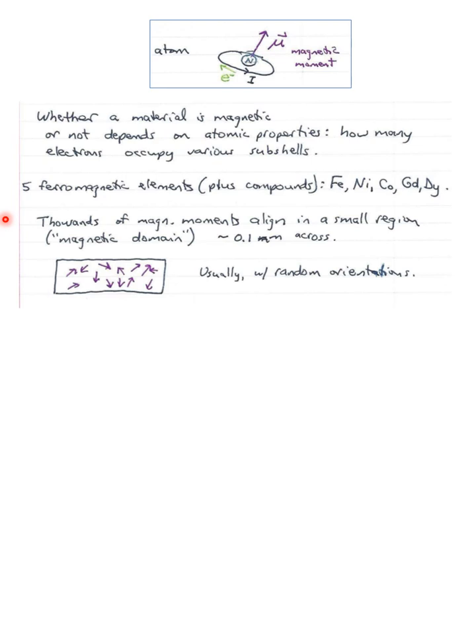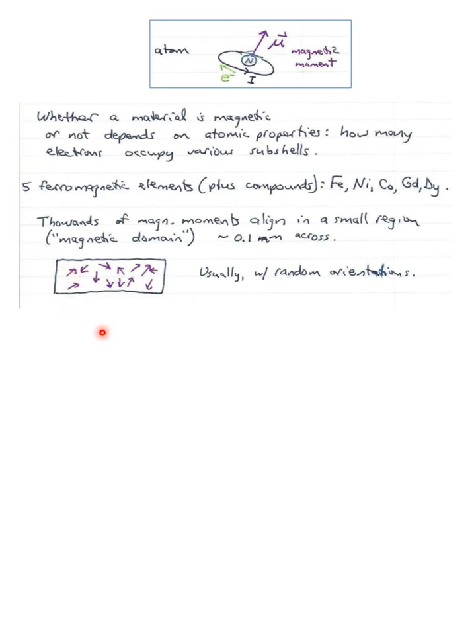In iron, which is a ferromagnetic element, atomic magnetic moments tend to align with thousands of their neighbors to form what's called magnetic domains. Now, there are 5 ferromagnetic elements, and additionally there are compounds of those, but they are iron, nickel, cobalt, gadolinium, and dysprosium.